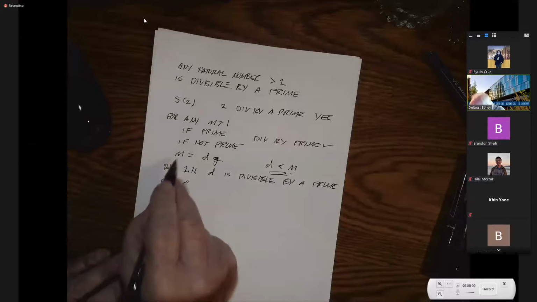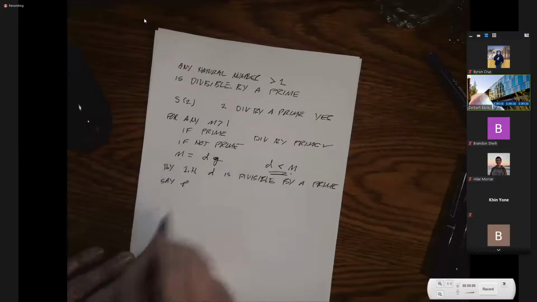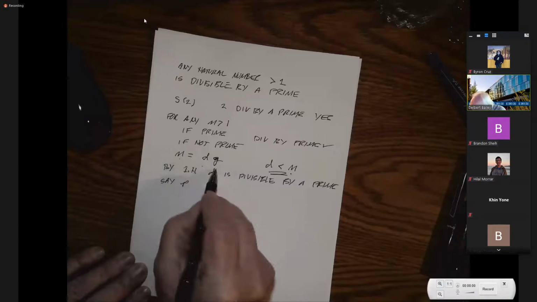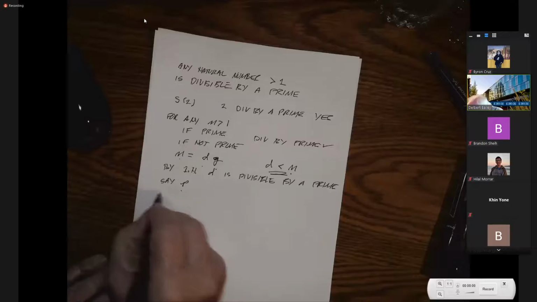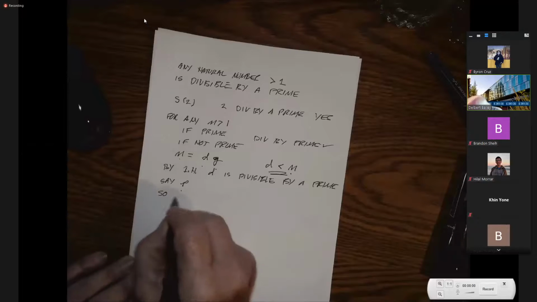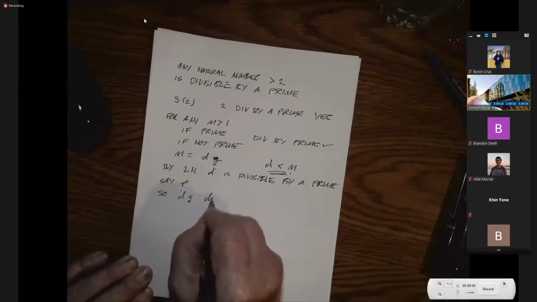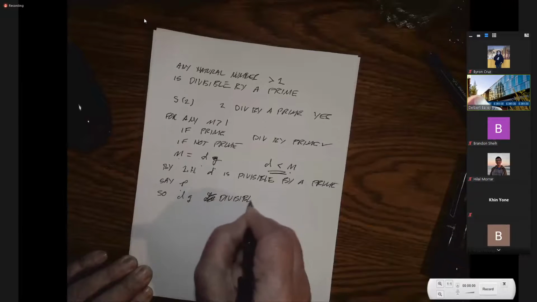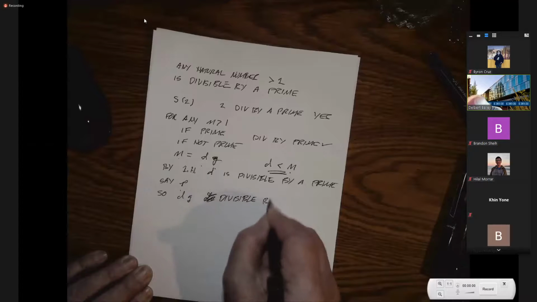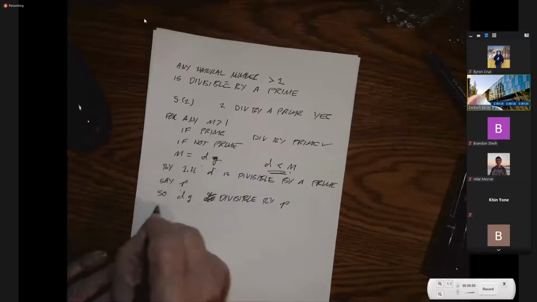Okay, but if n is d times g, then n must be divisible by p.